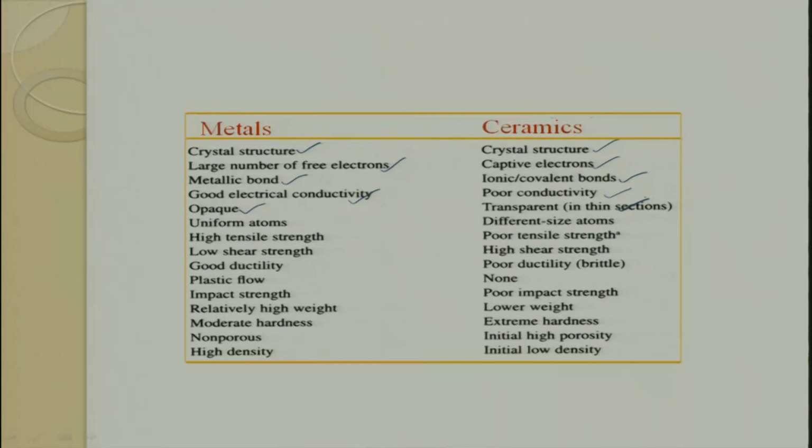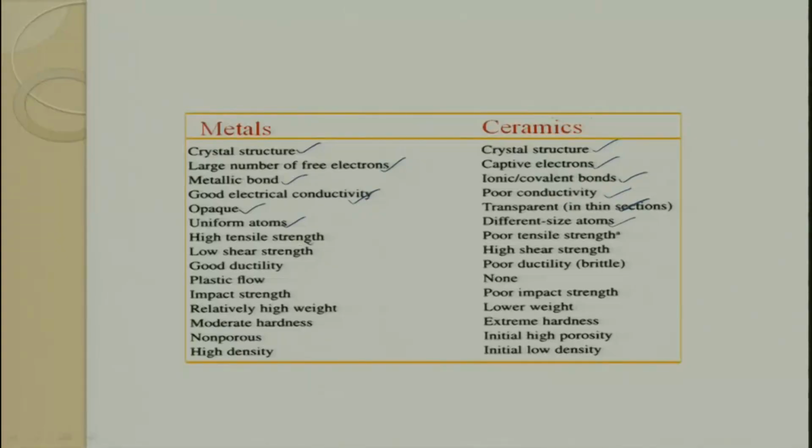A simple example is your glass. Metals have uniform atoms, here different sizes of atoms are there, that means semi-crystalline materials can also be possible. Metals have very high ductile strength, here it has very poor ductile strength. Since it is all covalently bonded, the bond is very strong. So, metals have very high tensile strength, here it is very poor tensile strength.